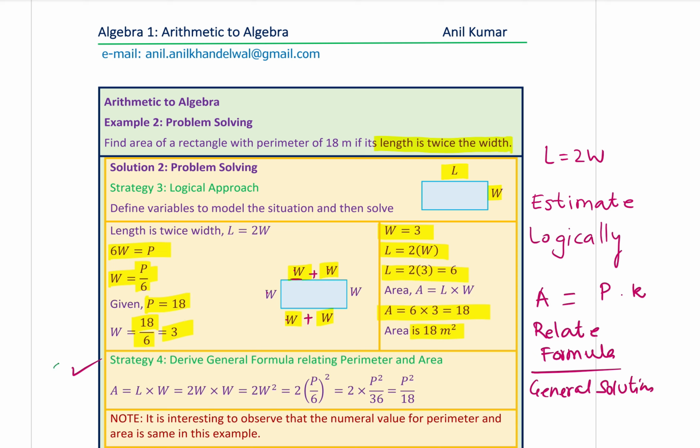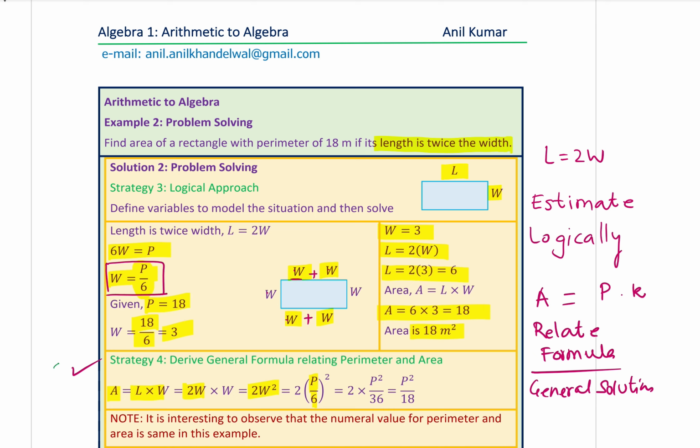In this particular case, what we noticed was that area is length into width, correct? Length is twice the width, perfect. So we get an expression, twice the square of W. Right. And that becomes the area. But we know that in our case, the perimeter is given to us, and 1/6 of the perimeter was W, correct? 1/6 of the perimeter was the width.